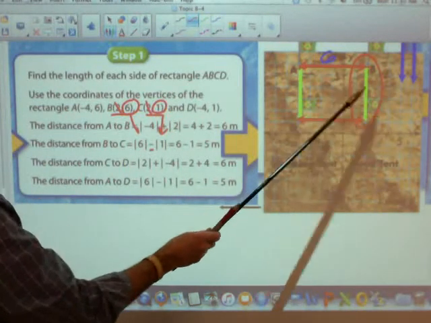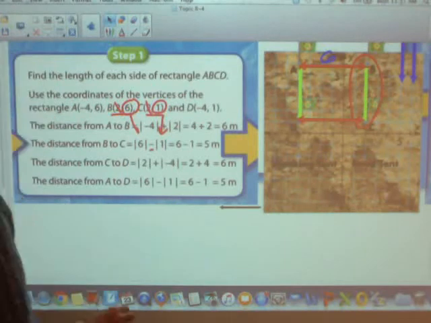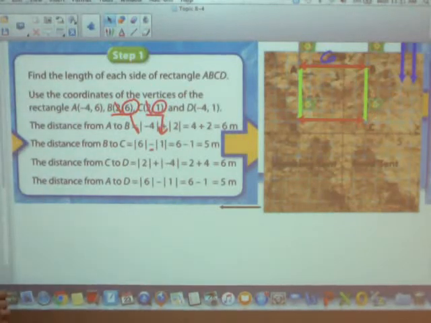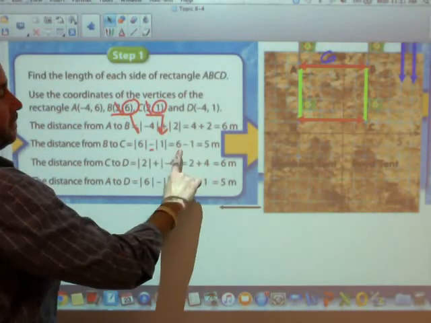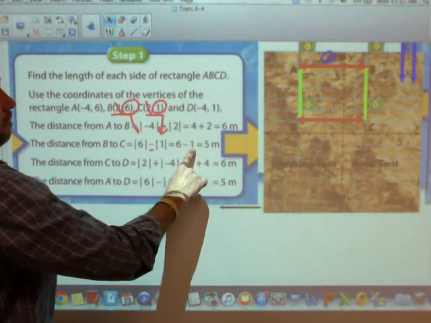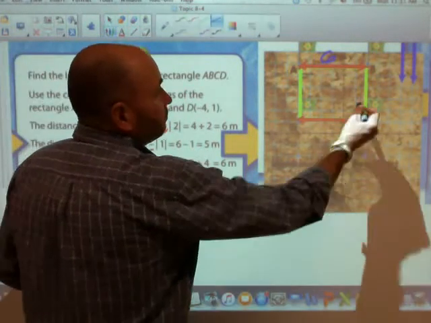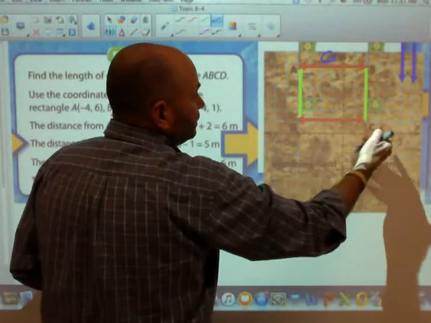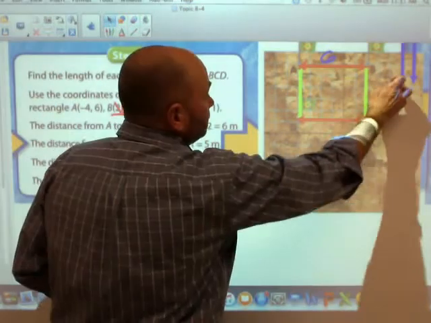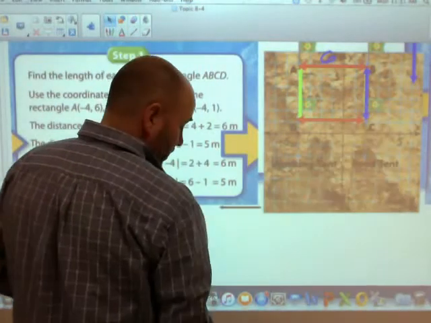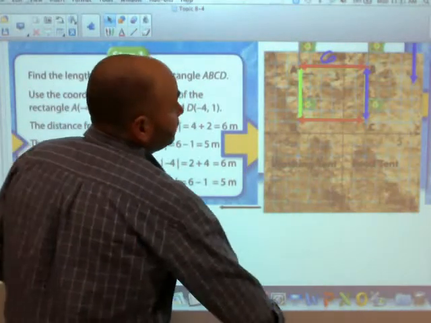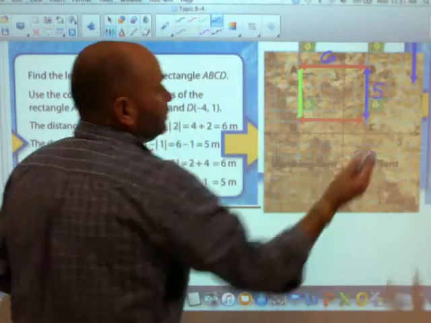They don't cross an axis. So 6 minus 1 equals 5. This distance from B to C is going to be 5 units.